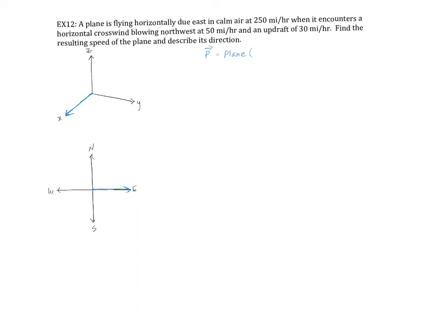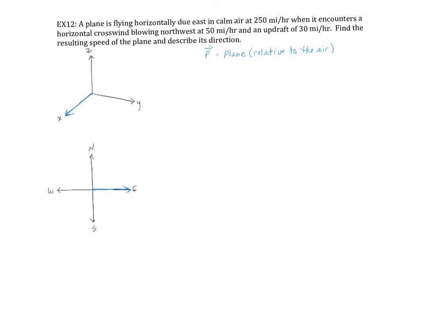So before the plane encounters the wind, it's going to be relative to the wind that it encounters. I'm just going to say to the air. So remember, when we say relative to the air, it means the plane without the air affecting it. And here when I talk about air, I'm talking about the crosswind and the updraft, both of those.